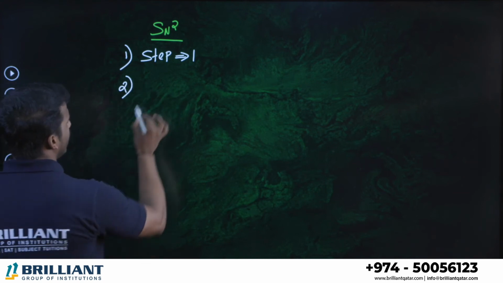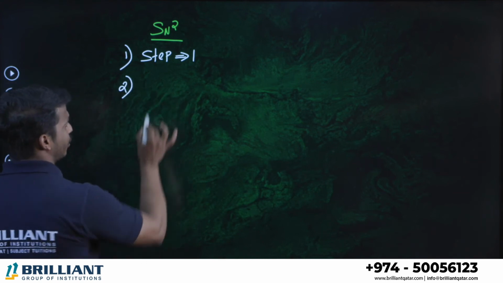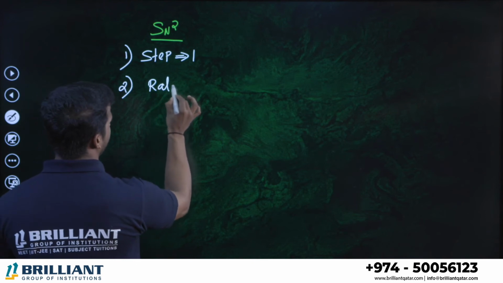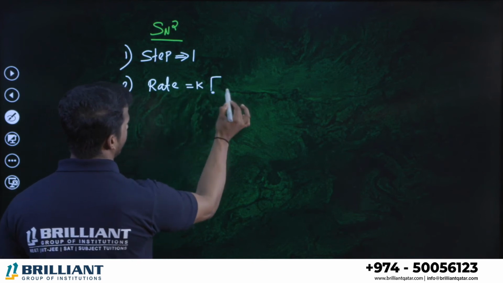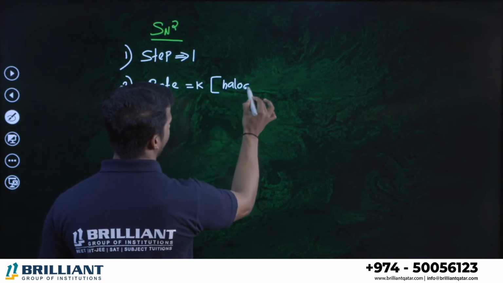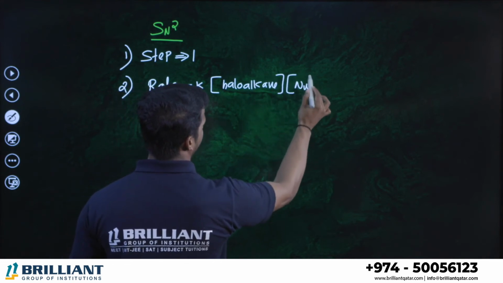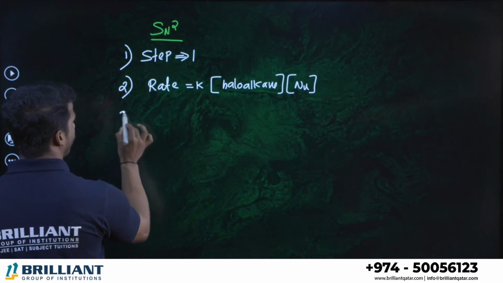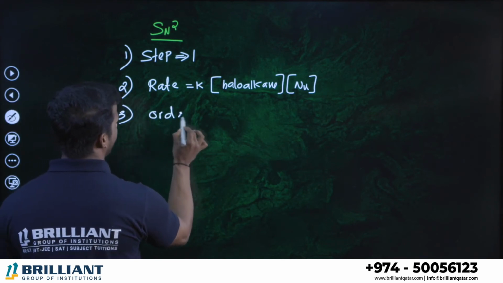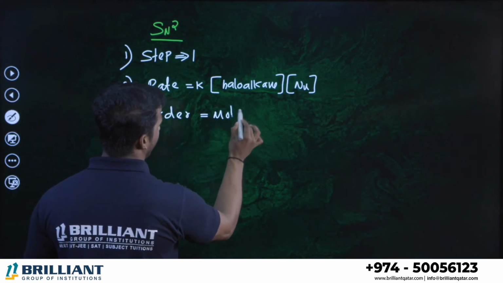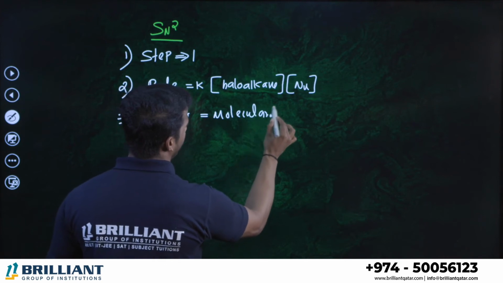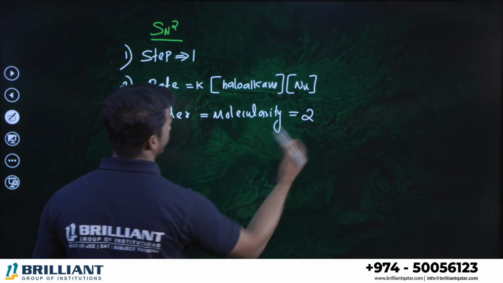Second one: the rate of the reaction is equal to the rate constant into which species? Haloalkane and also the nucleophile. Therefore, we can call their order and molecularity equal to 2.